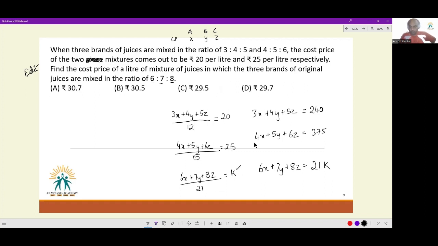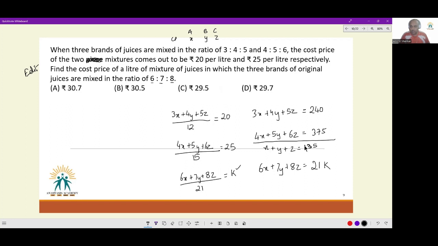Okay. Now, utilizing the first two equations, very simply, we can see two things. Wonderful. x plus y plus z is equal to 135.